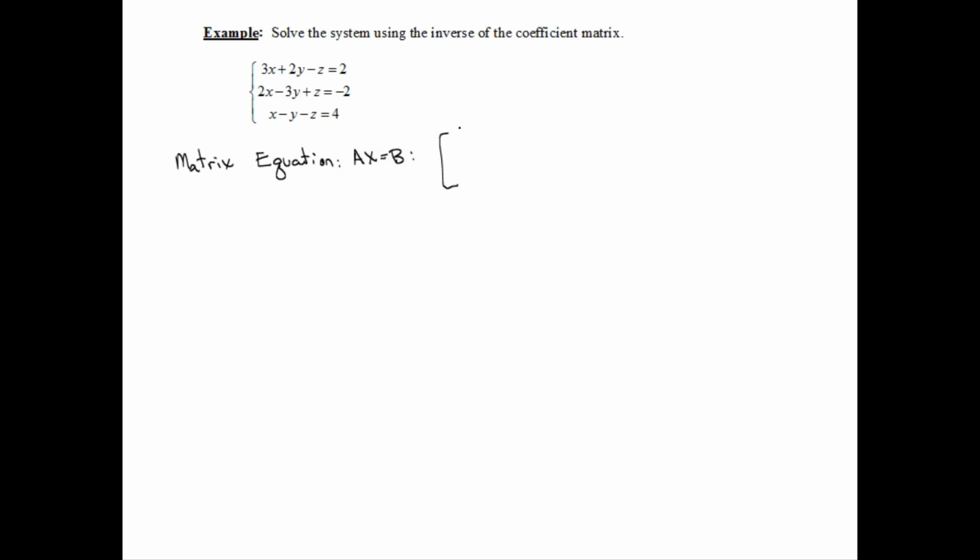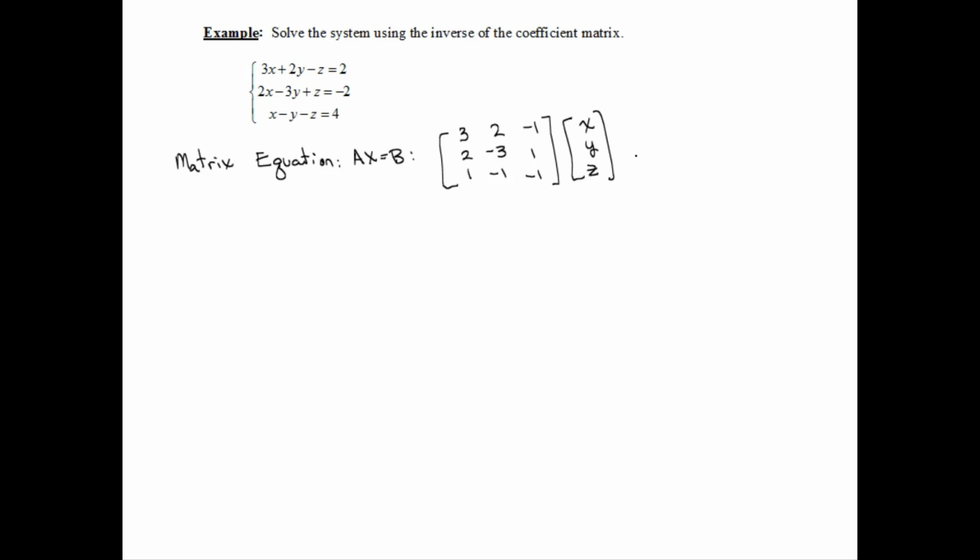So here, 3, 2, 1 from my x's, then 2, negative 3, negative 1 on the y's. On the z's, we have negative 1, 1, negative 1. Here we have x, y, and z.